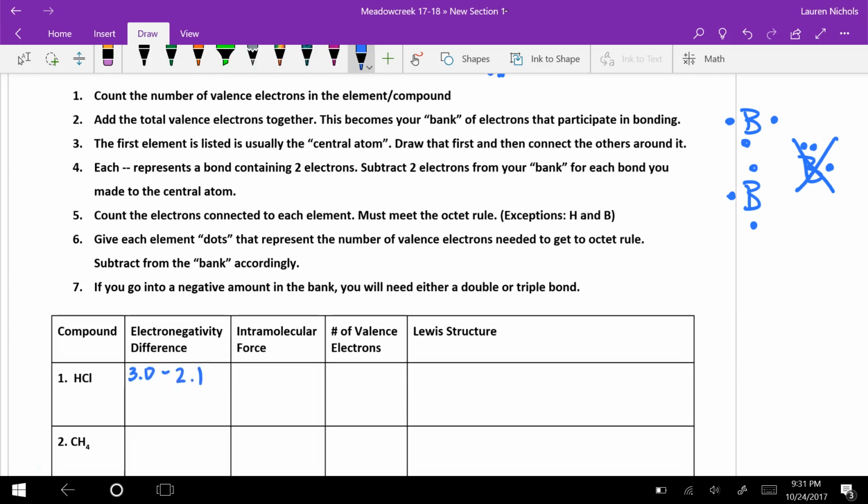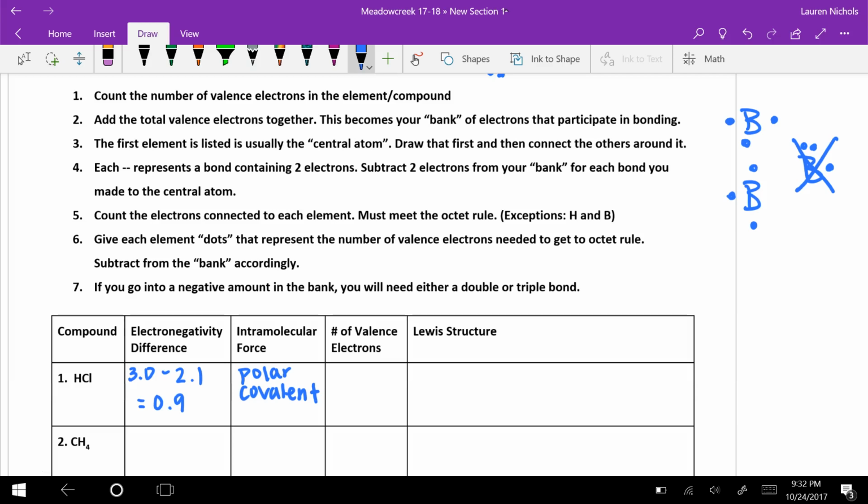Hydrogen is 2.1. So when we subtract these, we get 0.9. Now, when we have a value of 0.9 as our electronegativity difference, we know that that will make us a polar covalent molecule.